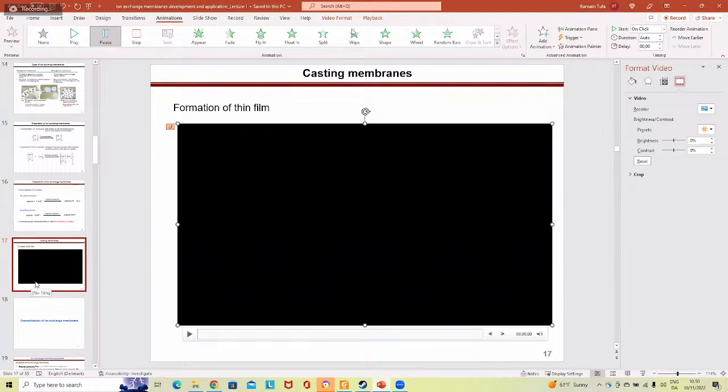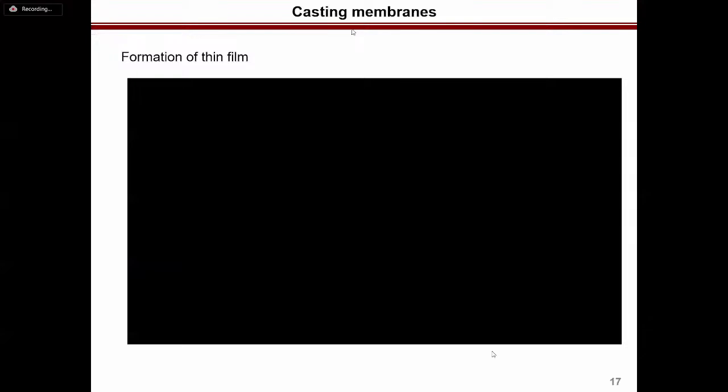The one that I showed you in this video is phase inversion, but you can also just cast it and then put it in an oven and dry the solvent. If you follow that method, you form a very dense membrane which doesn't have pores inside. The method that I showed you now gives you a porous membrane, which is also called phase inversion.